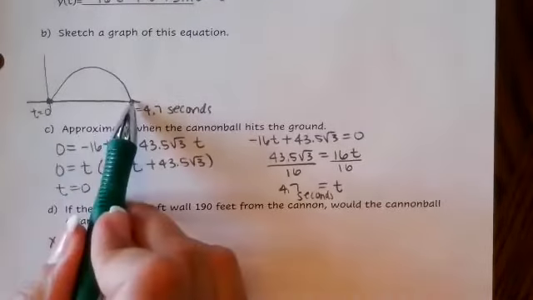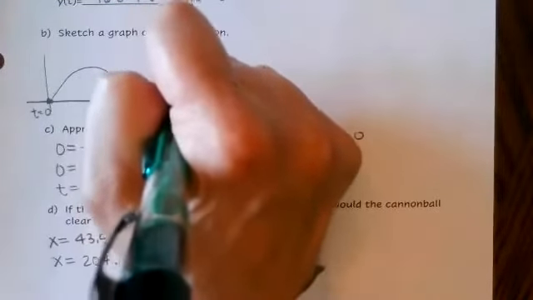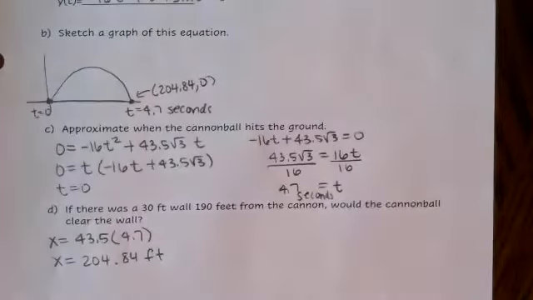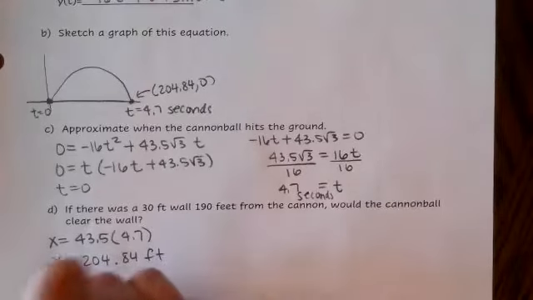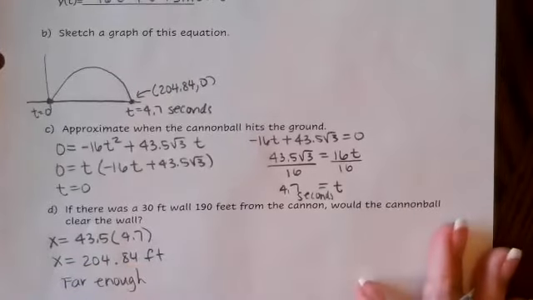So our horizontal distance, that point right there, is 204.84. So it did go far enough, because 204.84 is past the 190. So it does go far enough to the right, or in the horizontal.